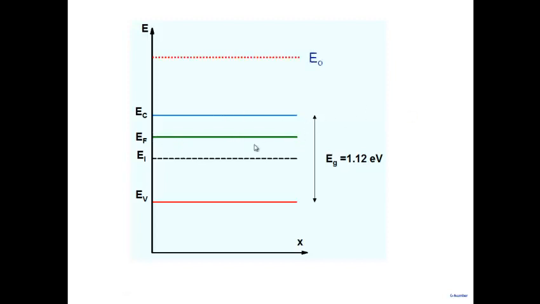Okay. Now, in a semiconductor, I have this conduction band edge, a valence band edge, an intrinsic level in the middle, and a Fermi energy here, whose position tells me the number of electrons and holes. I've drawn one more level now. This is the level which we call the vacuum level, E0.